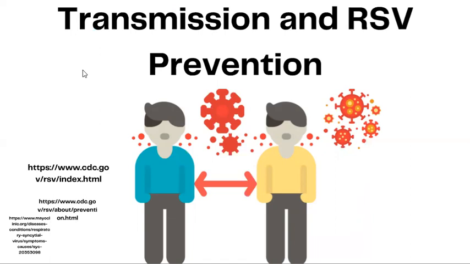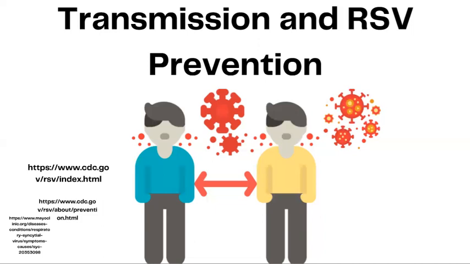Avoid touching your eyes, nose, and mouth with unwashed hands, as germs spread this way. Avoid close contact with sick people who already have cough and cold-like symptoms. Cover your cough and sneeze with a tissue, or with your upper shirt sleeve or your arm, and clean and disinfect the surfaces that are frequently touched.